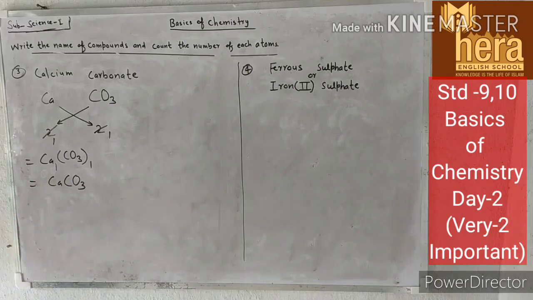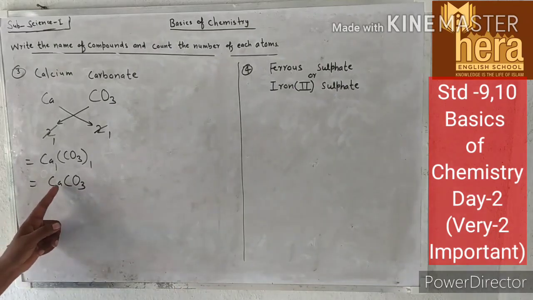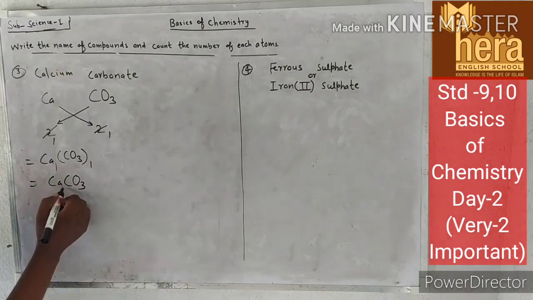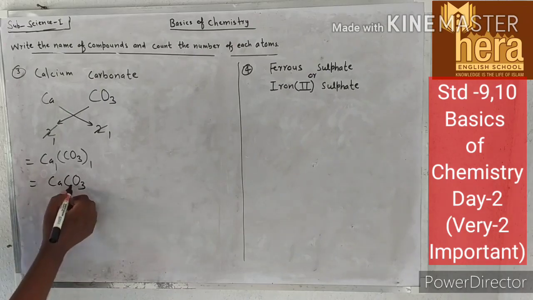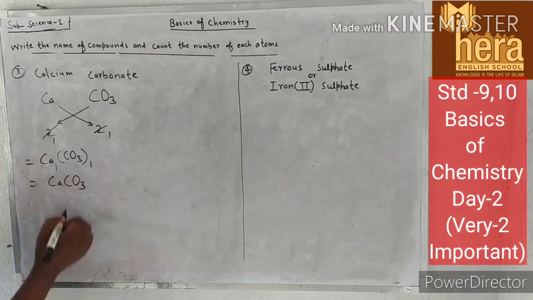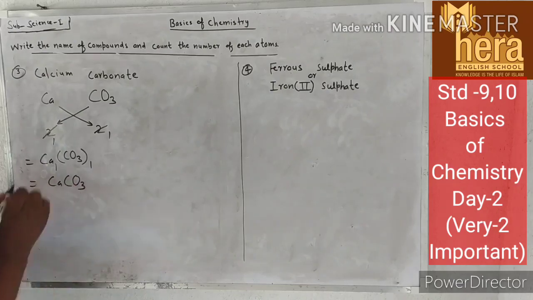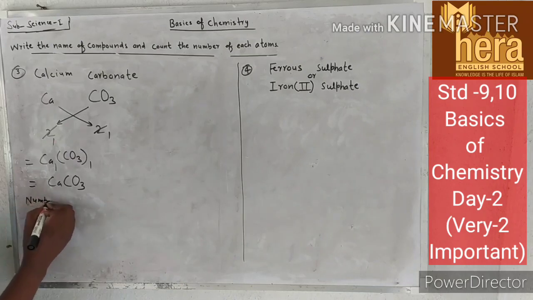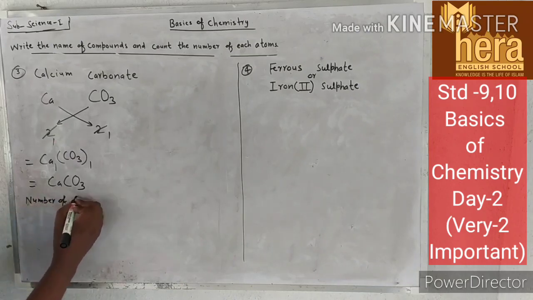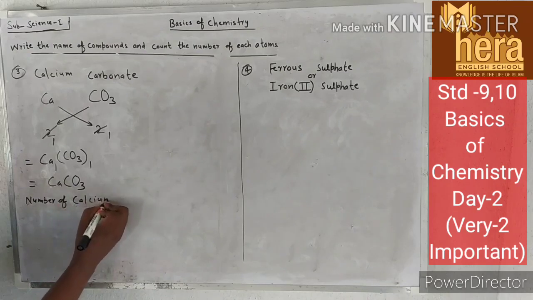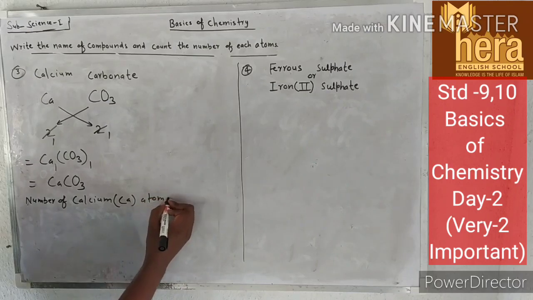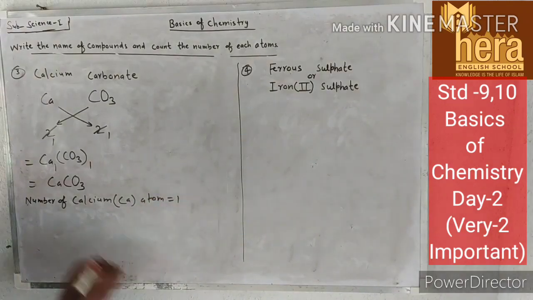CaCO3. Here, number of calcium atom is equal to 1. Here is 1. Nothing. It means 1. Carbon atom is 1. Oxygen atom is 3. So right here, number of calcium atom is equal to 1.